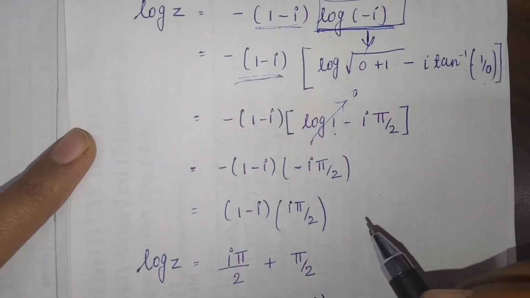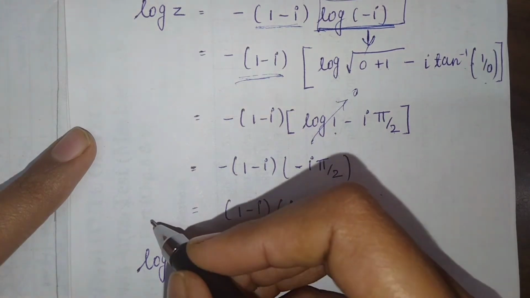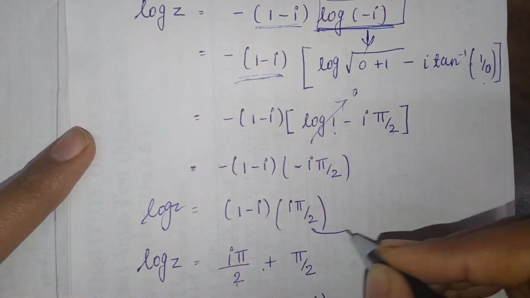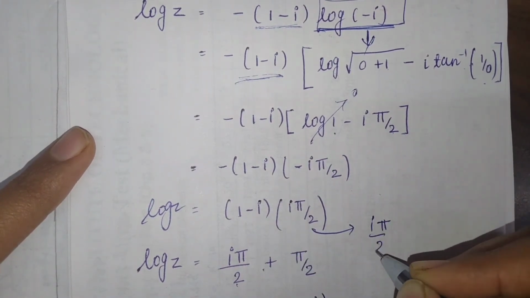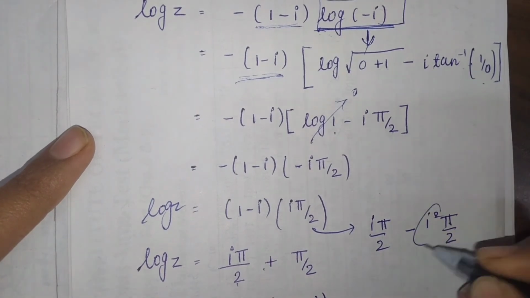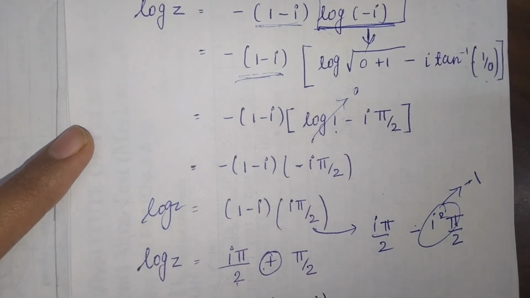And now here log z is there, so log z is equal to i pi by 2 plus, here it will be, i pi by 2 minus i square pi by 2. But the value of i square is again minus 1, and minus minus here gives a positive term.